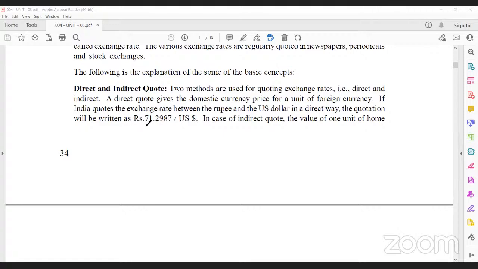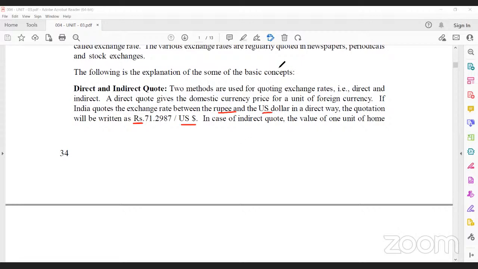So this is Indian rupees, and here this is US dollars. Direct quote is all about the exchange rate between the rupee and the US dollar.